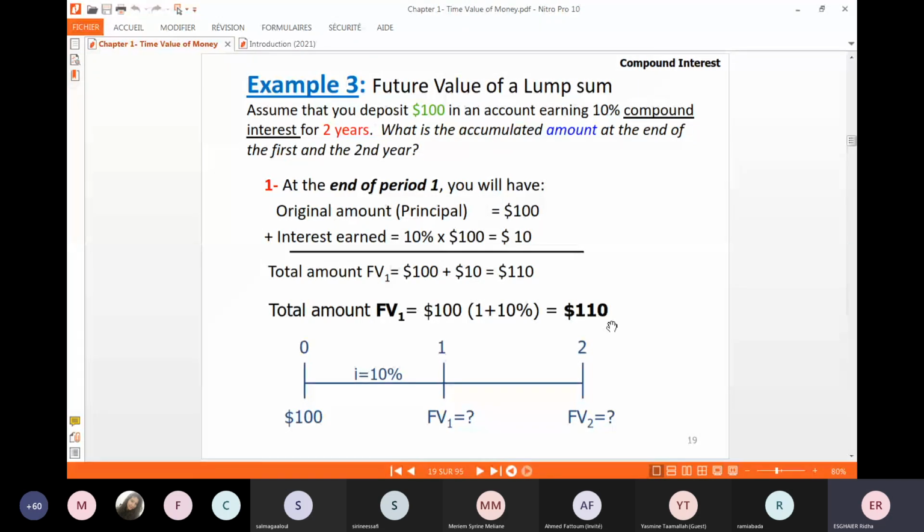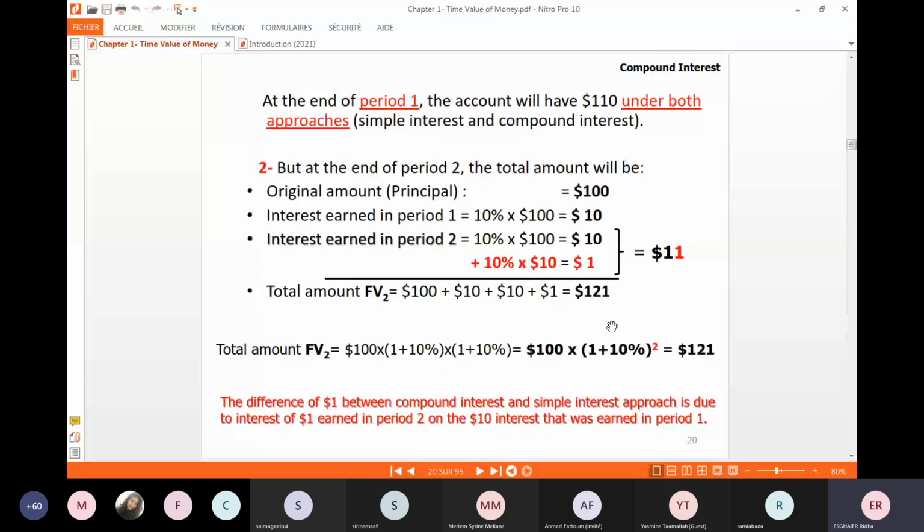When we use the compound interest, we earn the interest on any accumulated amount, not only on the original amount. So in our account, we will find the $100 original amount, and the 10% on the original amount, which represents the interest of the period 1. Now the interest of the second year is computed not only on the original amount 100, but as well on the previous interest earned.